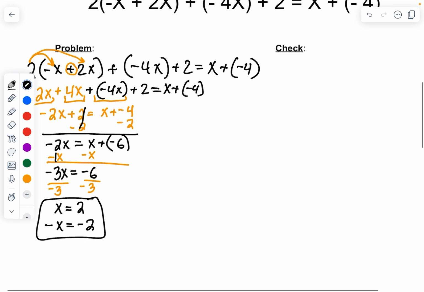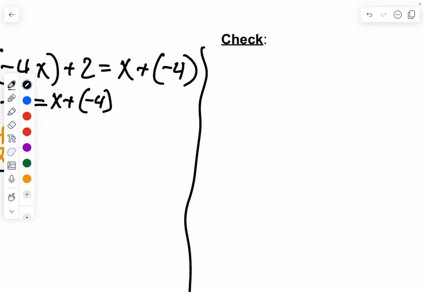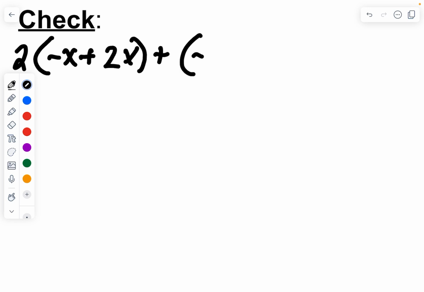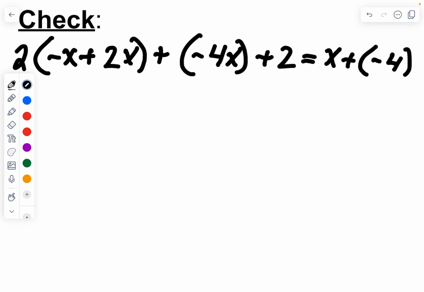Let's go ahead and do our check. Again, original problem. We're going to take out our variables and we're going to put in our numbers.